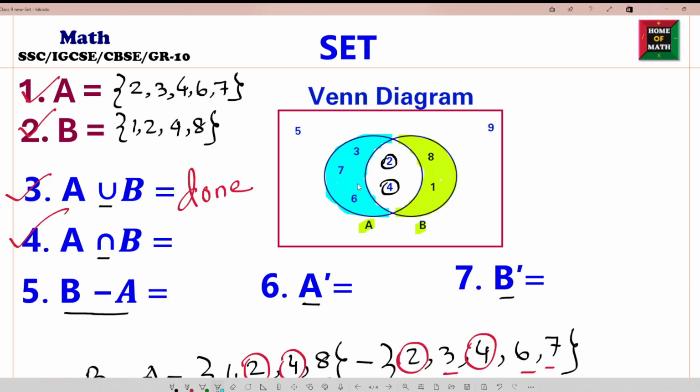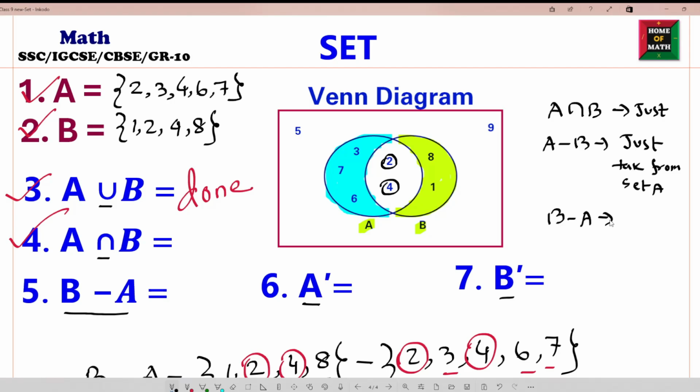So here are two things. A intersection B is just the common part. On the difference of A and B, just take from set A, and for B minus A, just take from set B. Okay, clear?